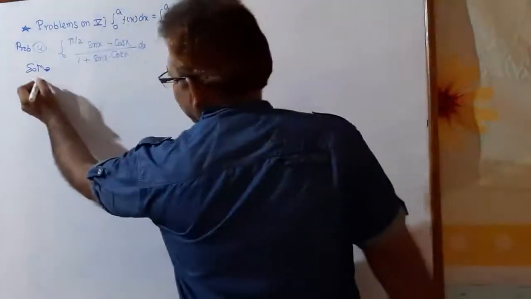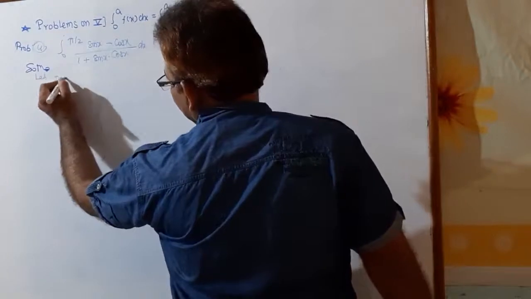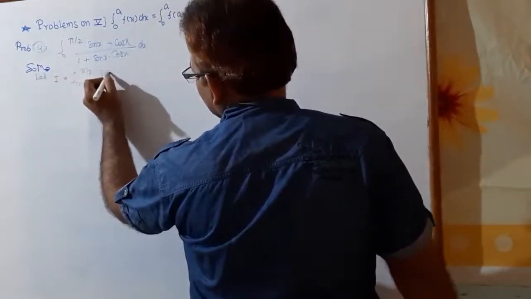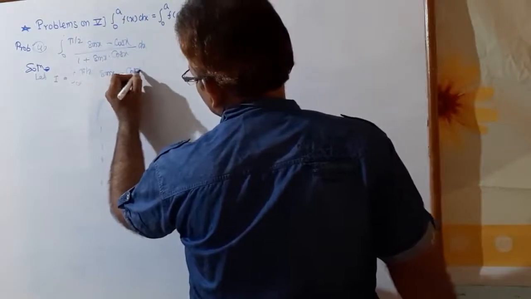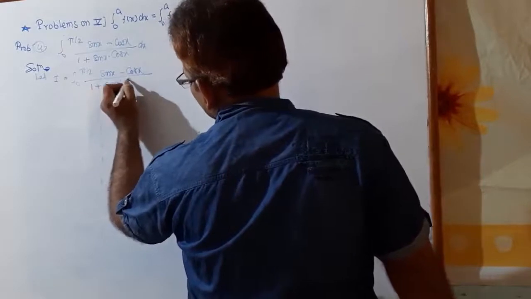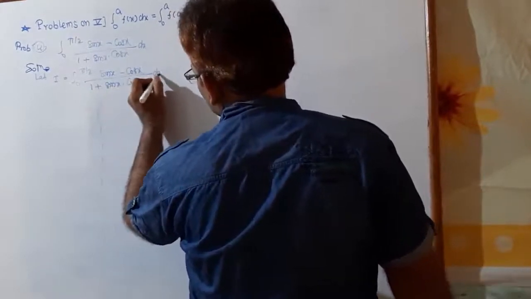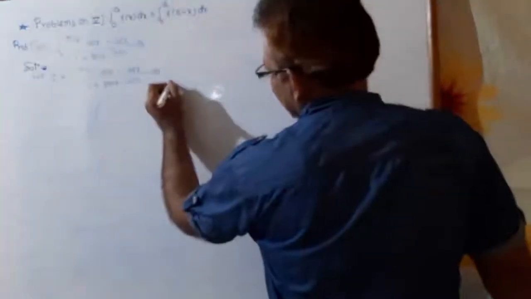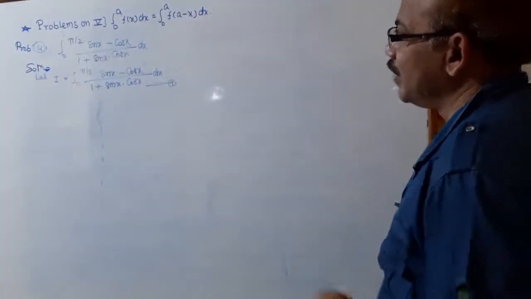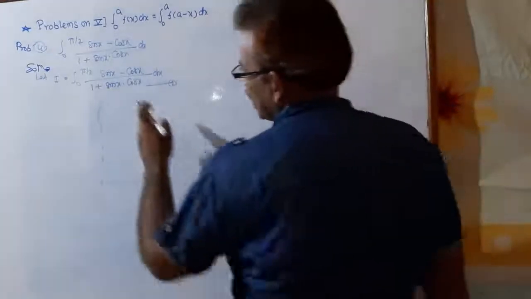So let I equal to integration 0 to pi by 2 sin x minus cos x divided by 1 plus sin x into cos x dx. Suppose equation 1. Then again apply fifth property, replace x by upper limit minus variable.